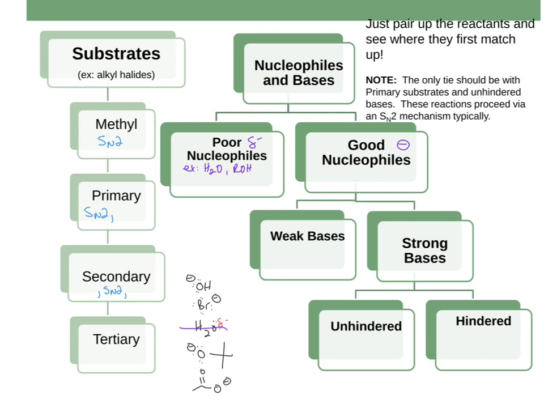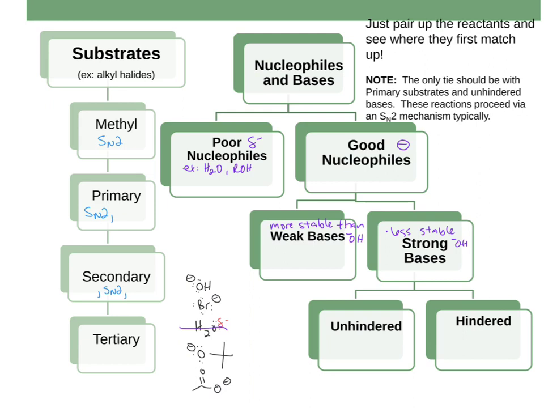The next thing is deciphering what's a weak base versus a strong base. Remember that weak bases are going to be anything that is more stable than hydroxide. Strong bases are going to be anything less stable than hydroxide. Hydroxide is about our standard.